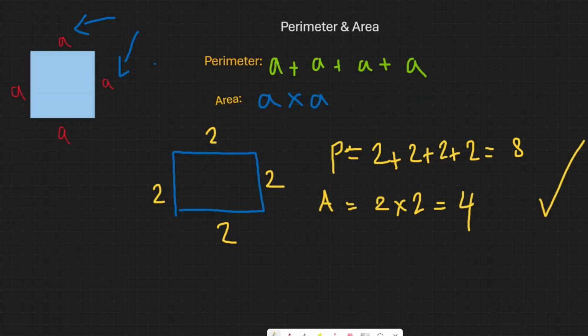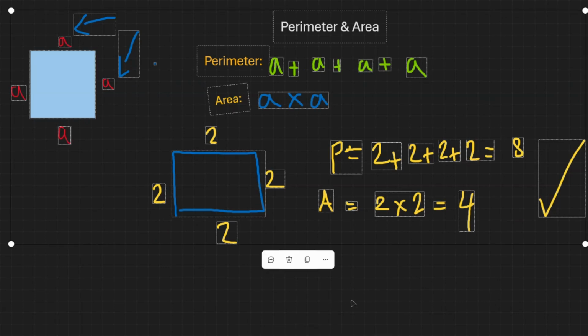Perfect. So now this is basically everything about not only perimeter and area, also perimeter and area of this square. Well done. We're also going to cover a few more shapes, as I mentioned at the beginning of the session.